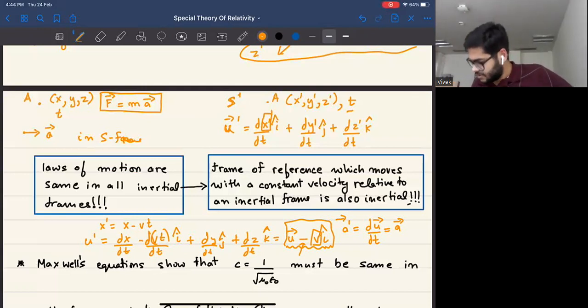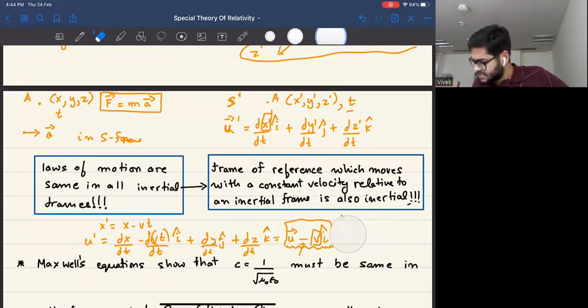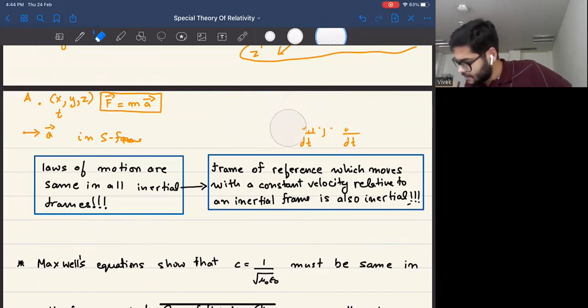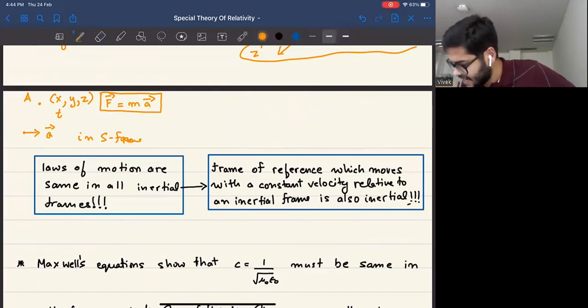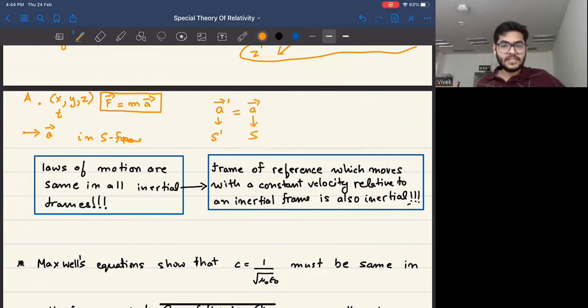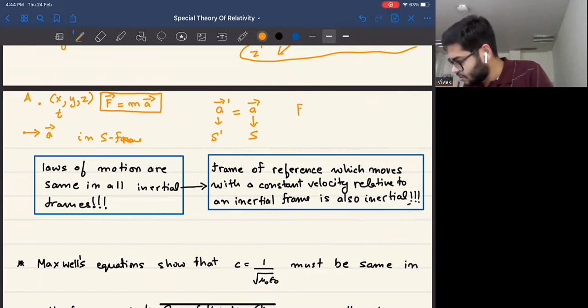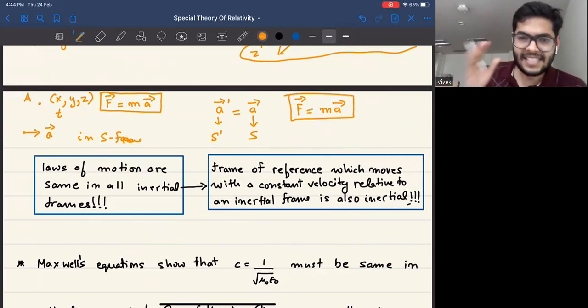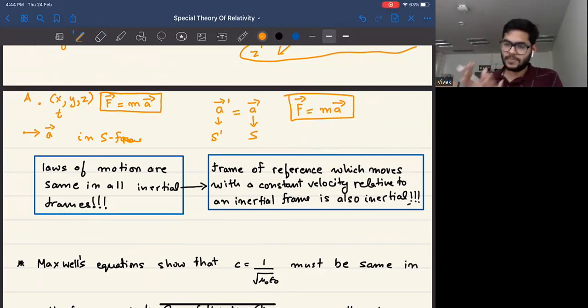And therefore, we can say that acceleration in the S prime frame is the same as the acceleration in the S frame. So Newton's second law remains invariant, or in other words, Newton's second law remains the same in both frames S and S prime.